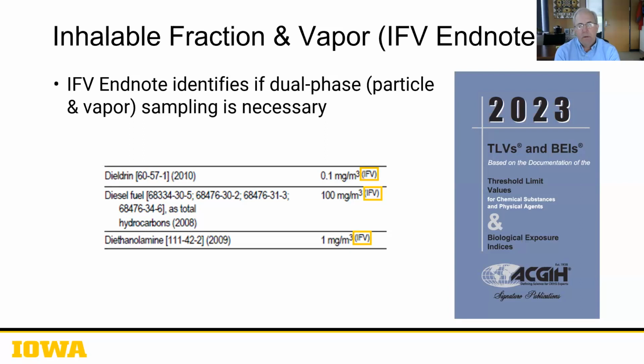So you can see here are some examples. I put dieldrin, an insecticide, up on top here. Diesel fuel happens to be one as well, etc. They all have this IFV notation. I haven't added them all up, but there are dozens of compounds in the TLV book that are designated this way. So now this leads to the question of how did they decide to give this end note, and exactly what does it mean?